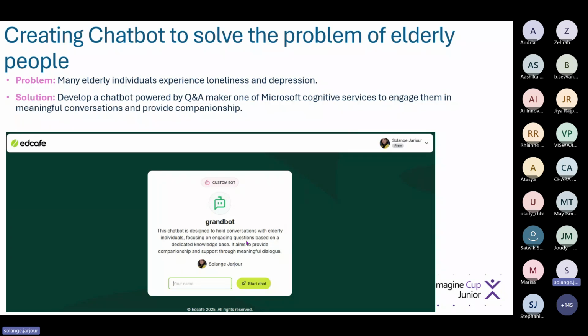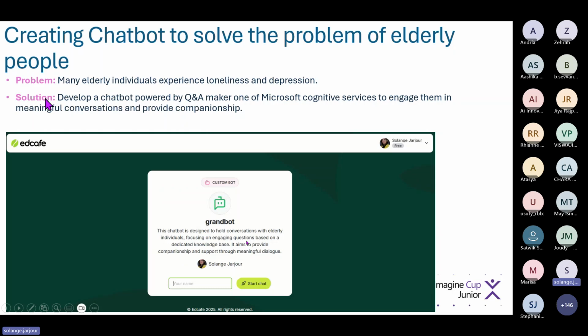So now let me take you through an example of what you were saying. A problem that I'm trying to solve over here in this competition is that many elderly individuals experience loneliness and depression. This is the primary problem that we started our training on, if you remember. So what was the solution?